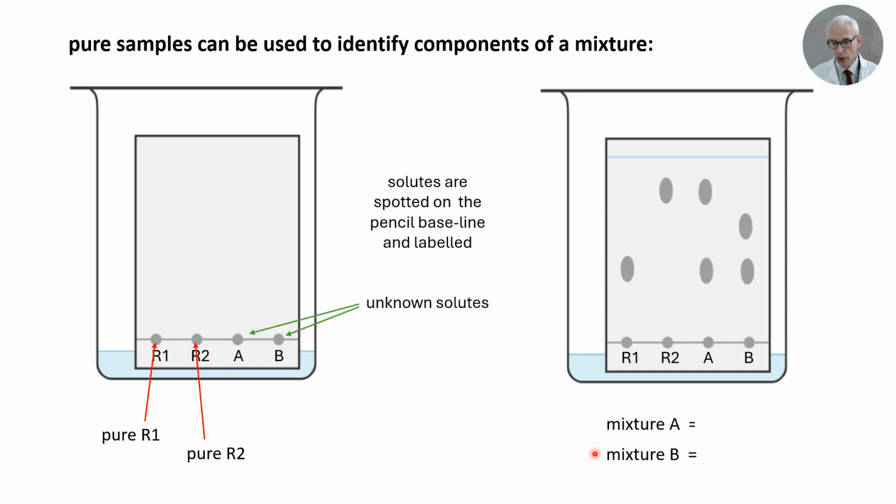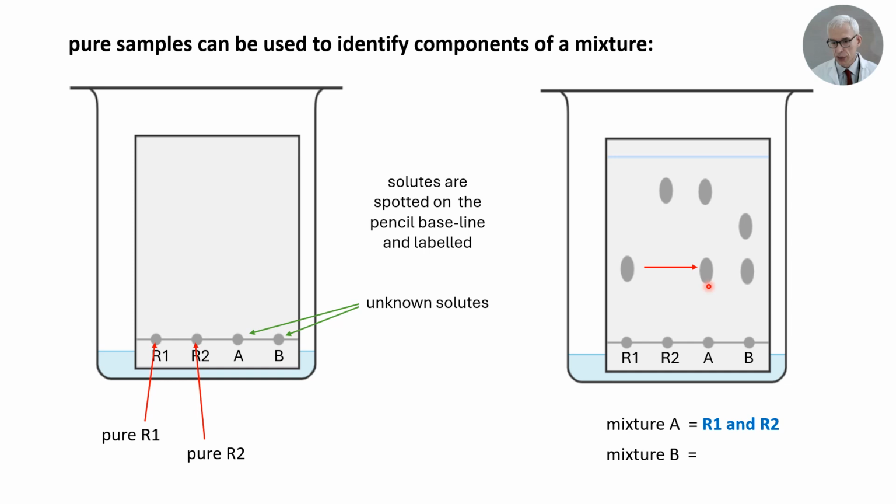Okay, so mixture A contains reference material 1 and reference material 2. So reference material 1 travels a certain distance. Well, we can see that one of the spots in A has travelled the same distance, so we conclude it is the same.